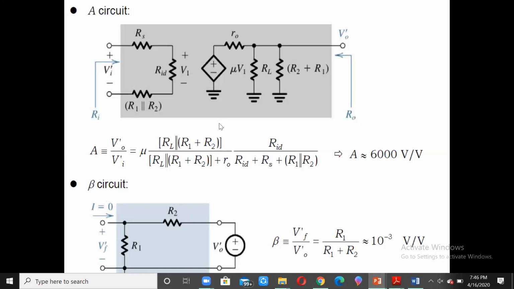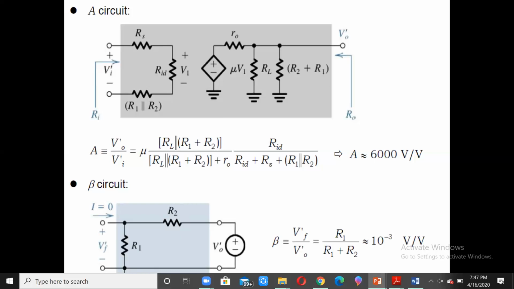So this quantity will be there, and we are left with V1 divided by Vi dash. But what is V1 by Vi dash? We can find it out from here. V1 is the voltage across RID. Vi dash is the voltage across all the three. So V1 by Vi dash, since the current flowing through is the same, is nothing but this resistance divided by the sum of all these resistances: RID divided by RS plus RID plus R1 in parallel with R2.